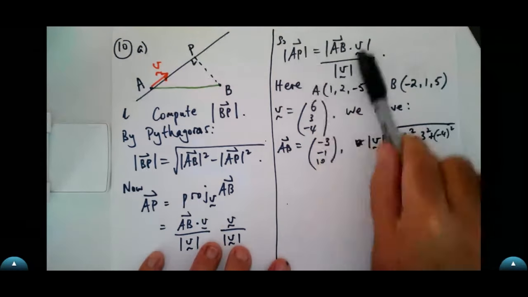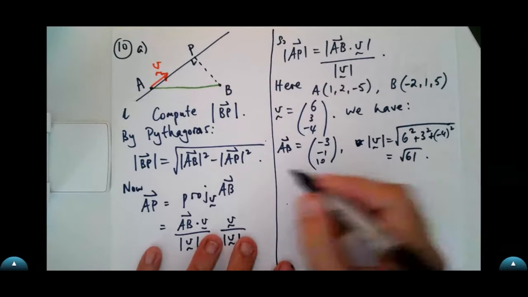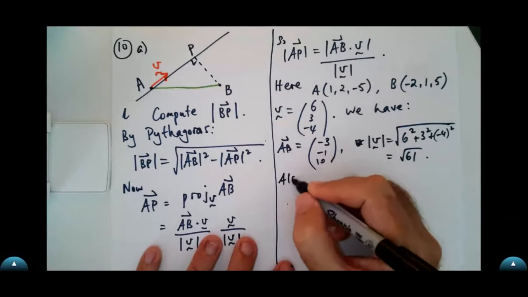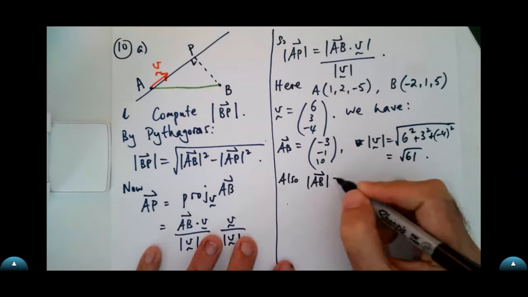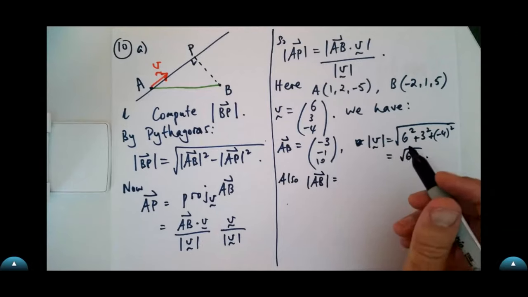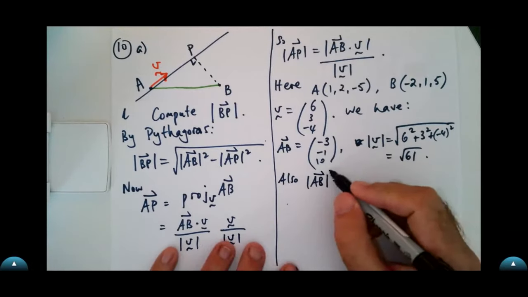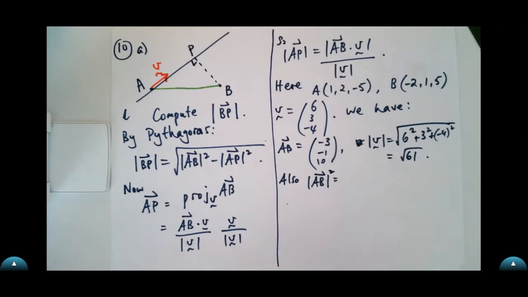Now let's work out this length here. We need to work out this length too, by the way. It's pretty easy. All we need is the square of the length, really. So it'll be 9 plus 1 plus 100.